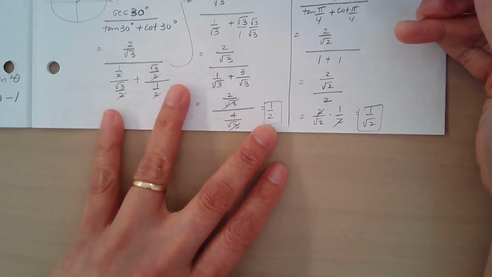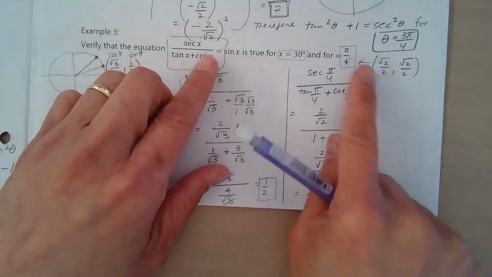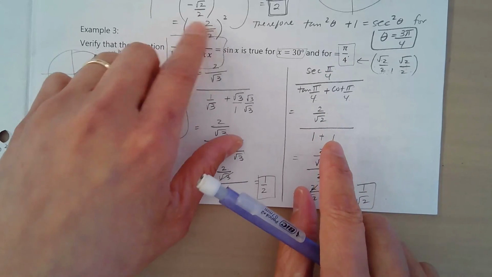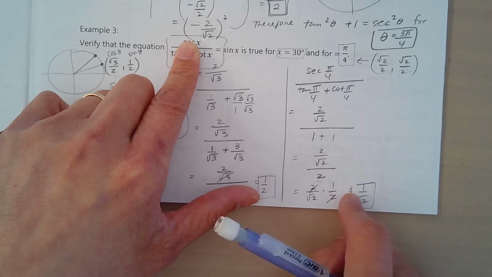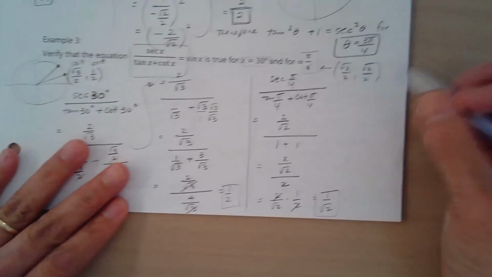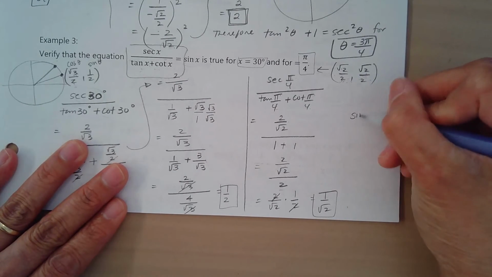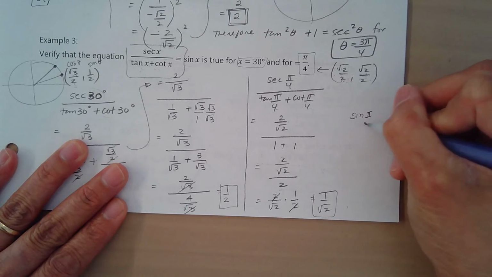So when we substituted pi by 4 into this expression, it comes up to 1 over root of 2. Now I'm going to ask you this. Well, what's sine of pi by 4?